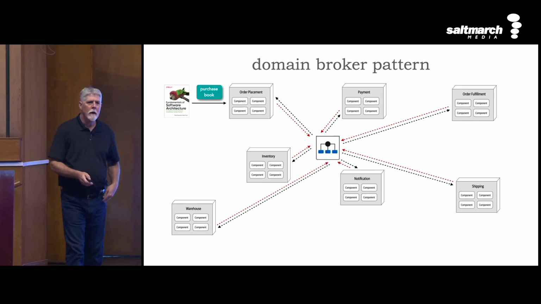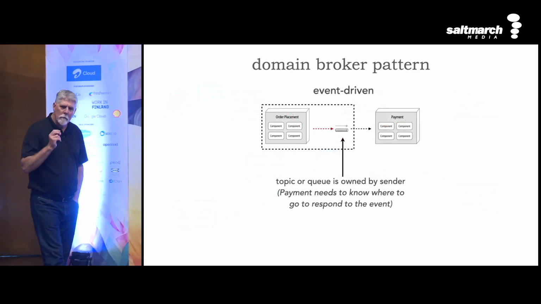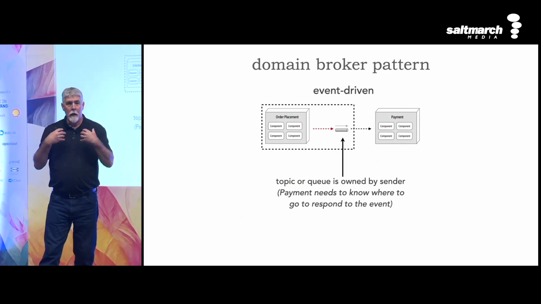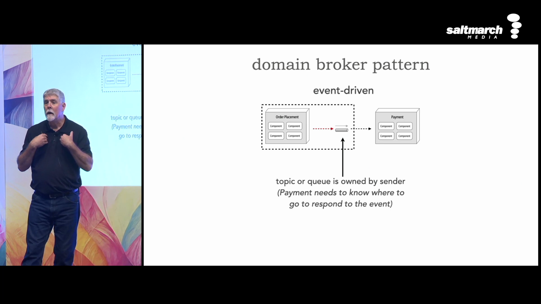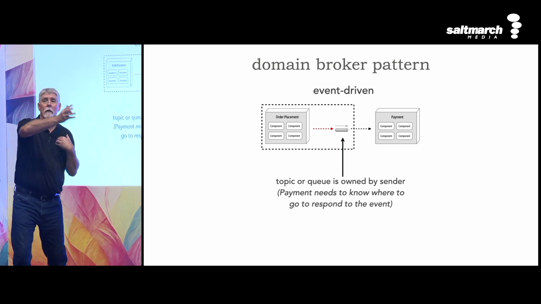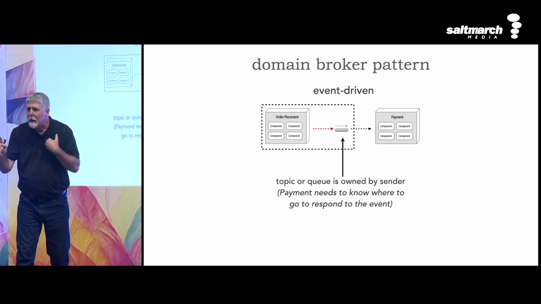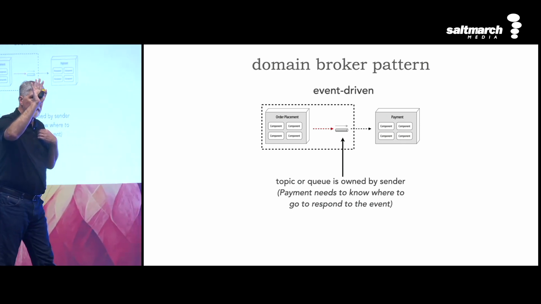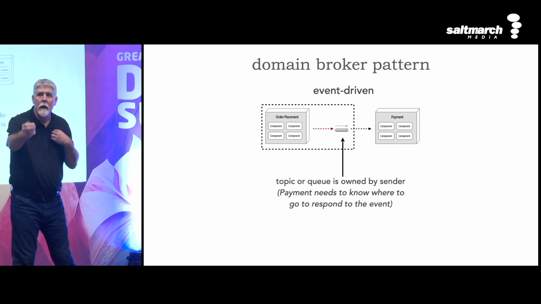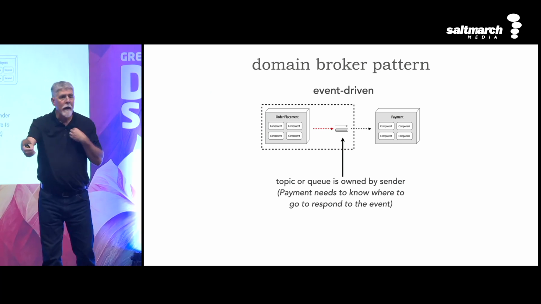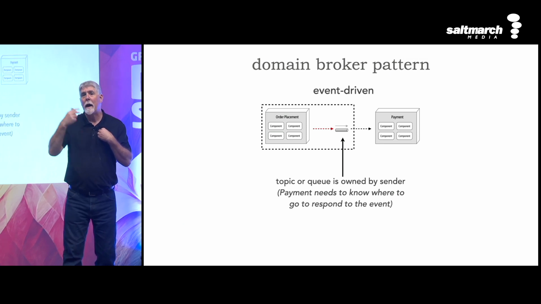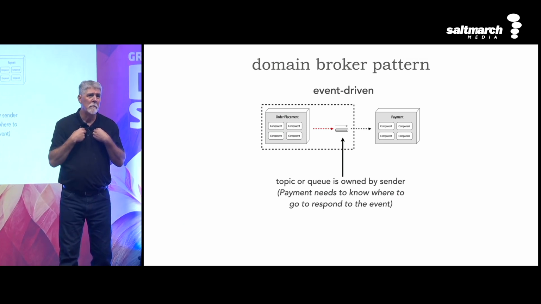Or are we? Do you remember I talked about the ownership? In event-driven architecture, the owner is me. I need to publish that event for all of you. What does that mean? That means I, the order placement, am dependent on that broker. If that broker fails, I can't accept your order. I'm sorry, I'm going to pass back an error to the client. Order placed.